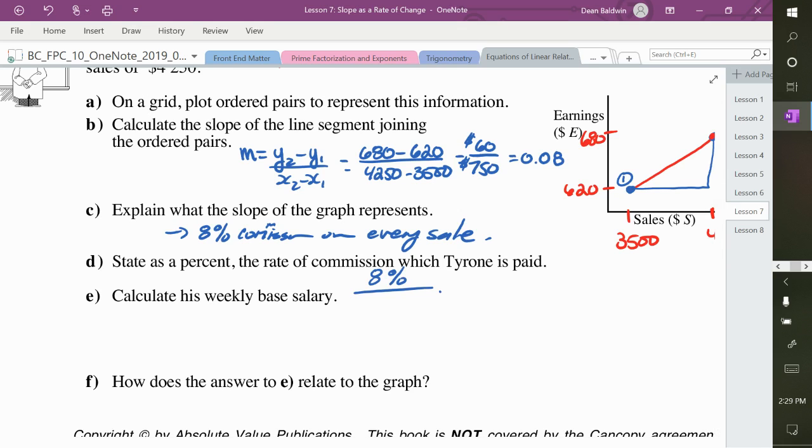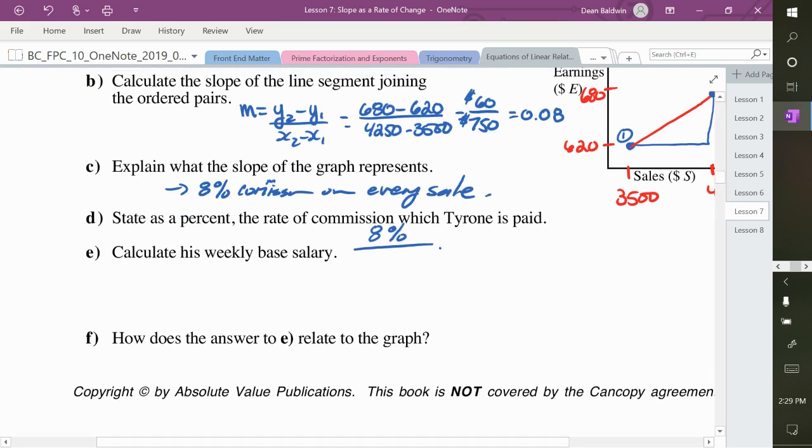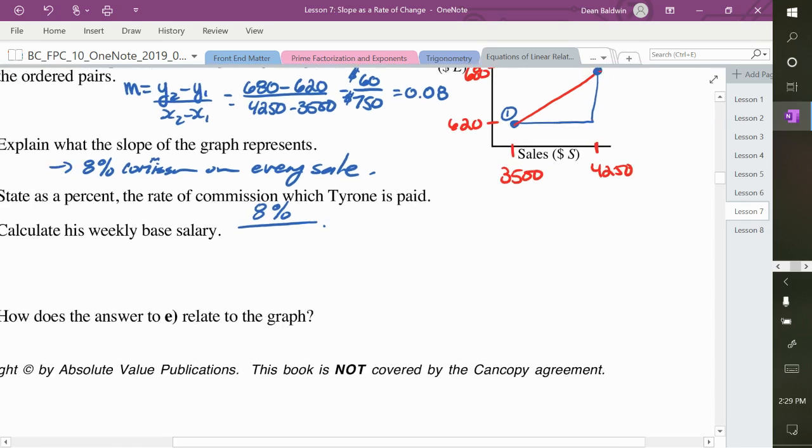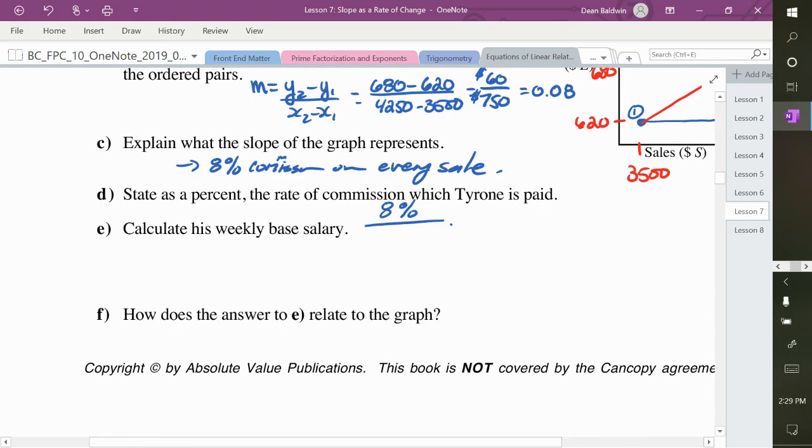Let's figure out the equation of this line now. So we know the slope is 0.08. Number one, find the equation of the line. All right.